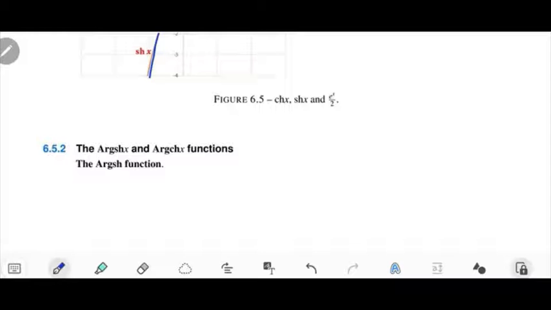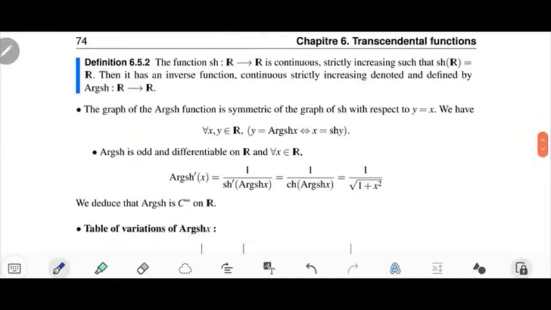We will call them arg ch x and arg sh x. So first, the function arg sh: since sh is continuous, strictly increasing, and it goes from R into R, then it has an inverse function which is continuous, strictly increasing as well, which will be denoted arg sh, defined by arg sh going from R into R.